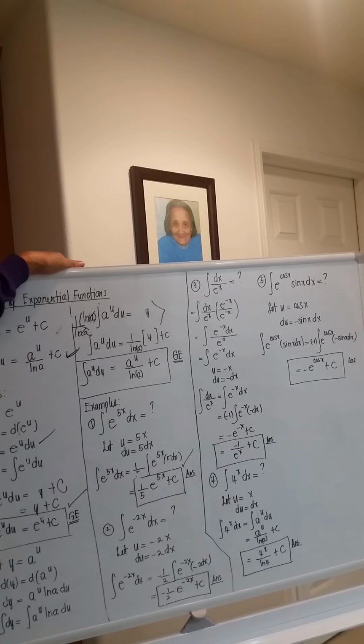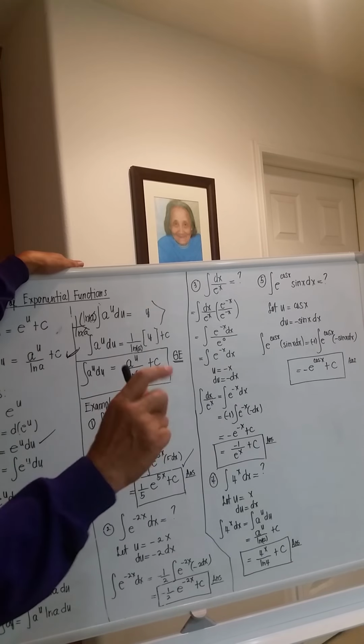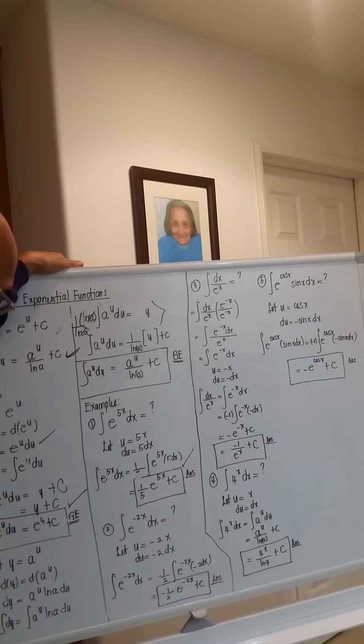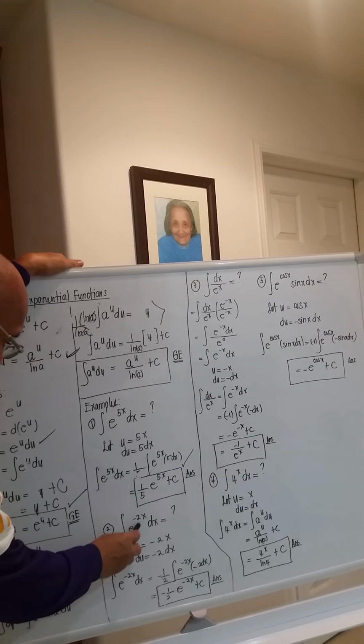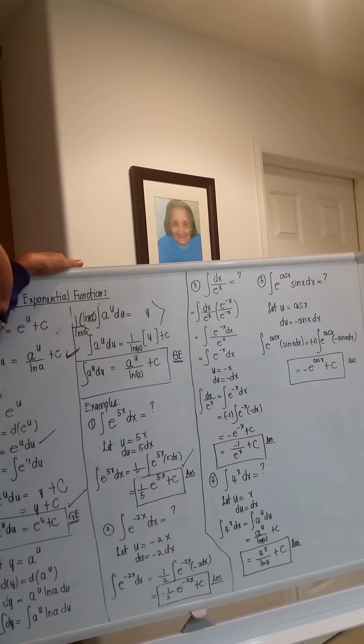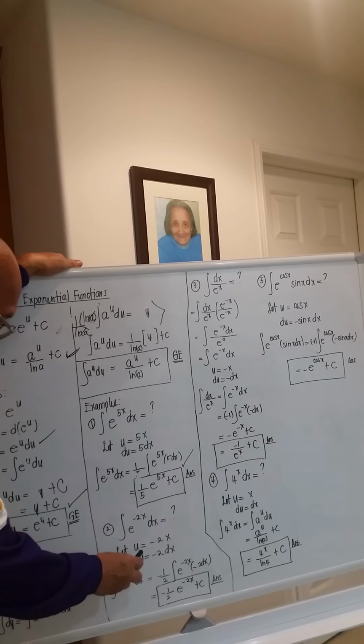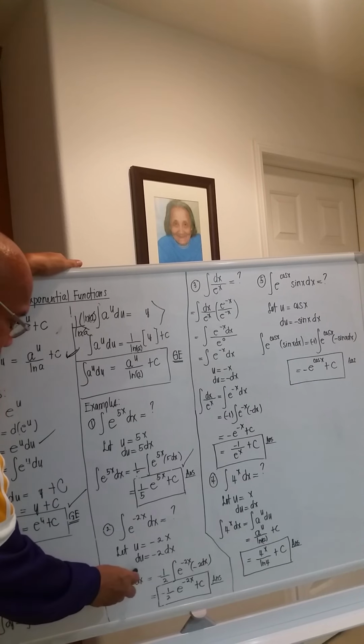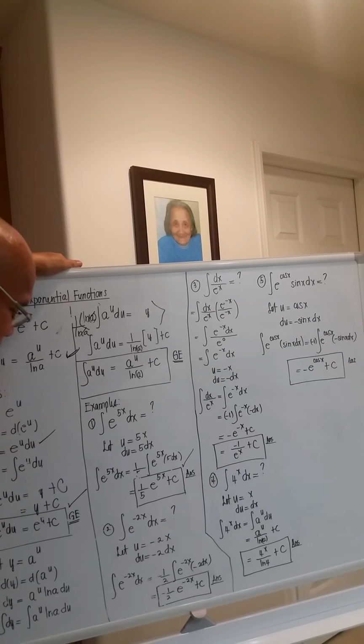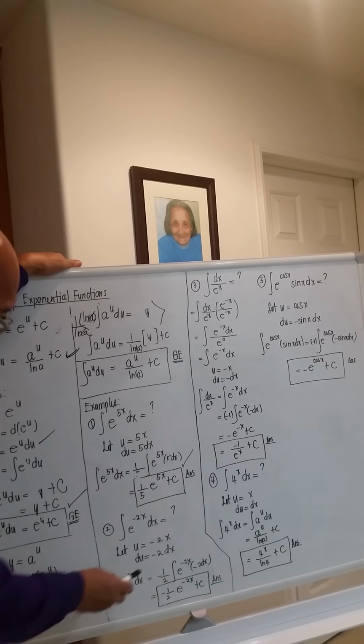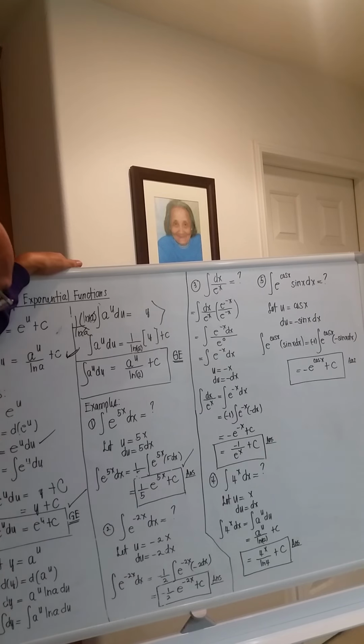Easy. Okay? Example number 2, it's the same as using the first equation, only that the exponent is negative. The integral of e to the minus 2x dx. It falls under formula number 1. Okay? The value of u is minus 2x, du is minus 2 dx. It is not exact. We are missing the number negative 2 over here.